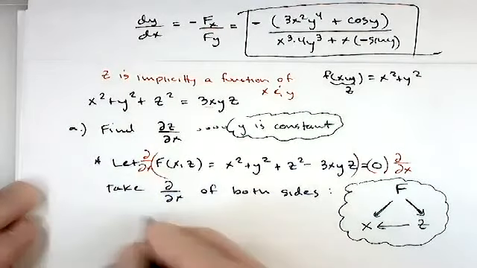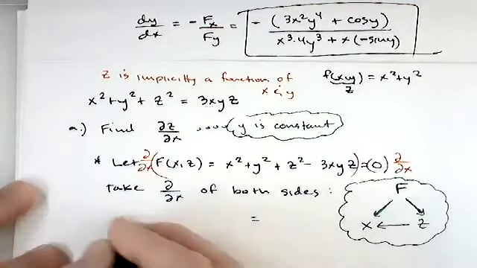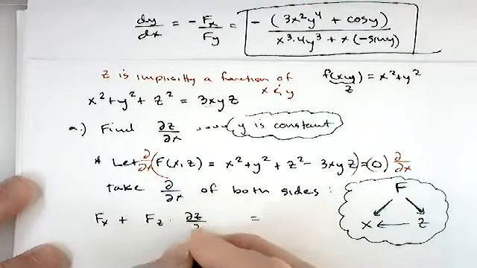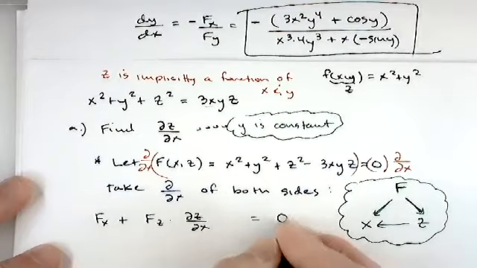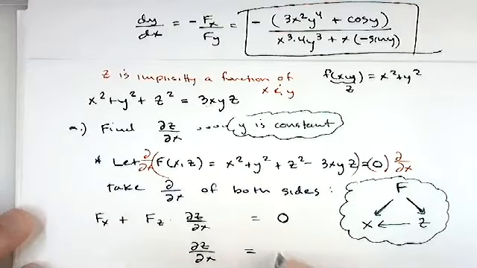And if you do the same thing, the derivative of the right side is going to be 0, and you're going to get f sub x plus f sub z times the partial of z with respect to x equaling 0. And so my partial of z with respect to x, if I solve for it, is going to be negative f sub x over f sub z.